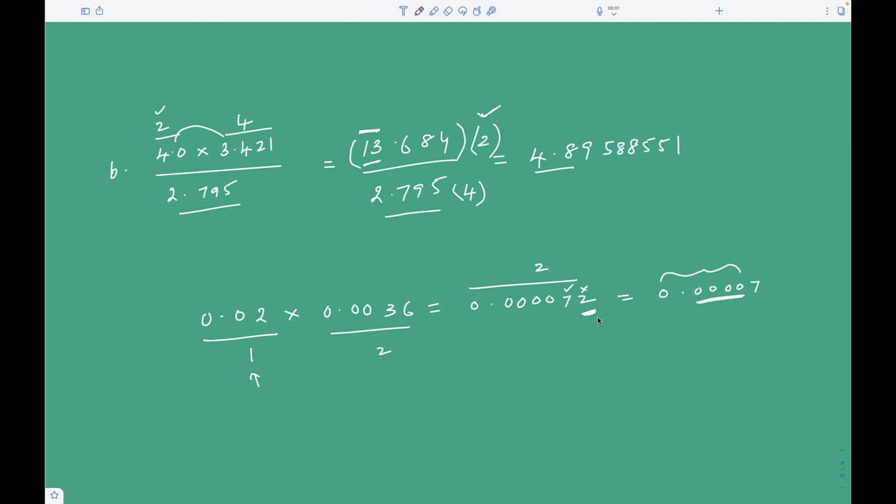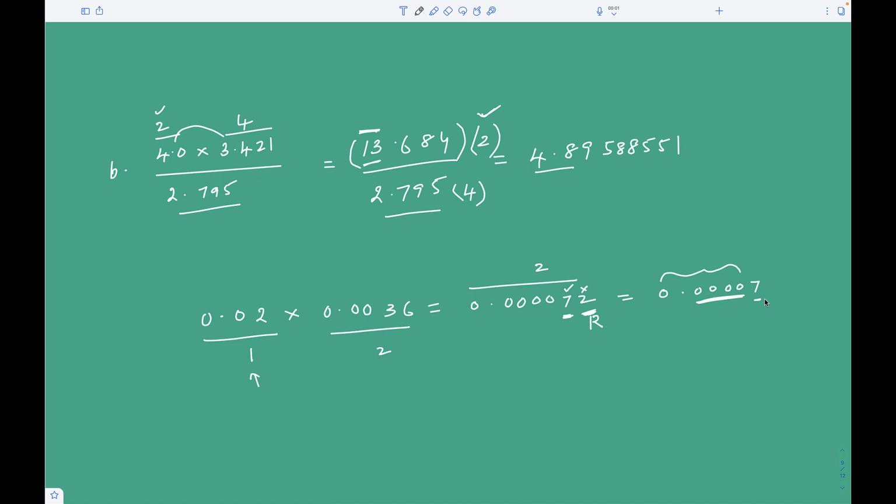It is about removing the non-significant digits from the right end of the number and thereby fixing the last significant digit in that result. And by fixing the last significant digit, we are fixing the precision of the result.